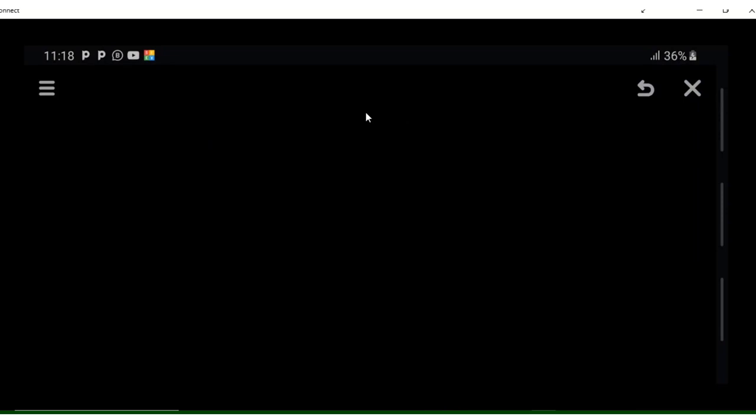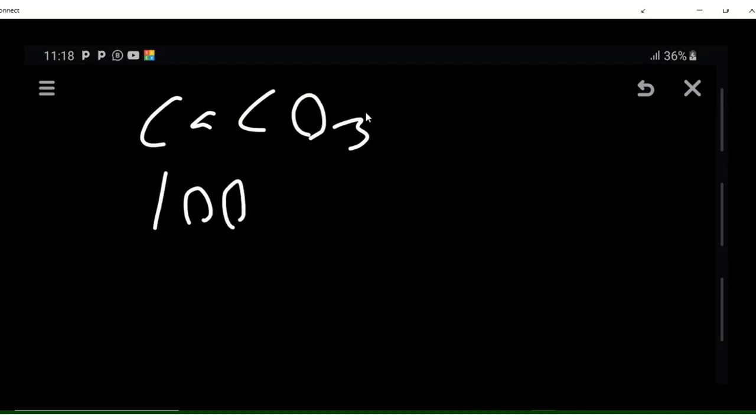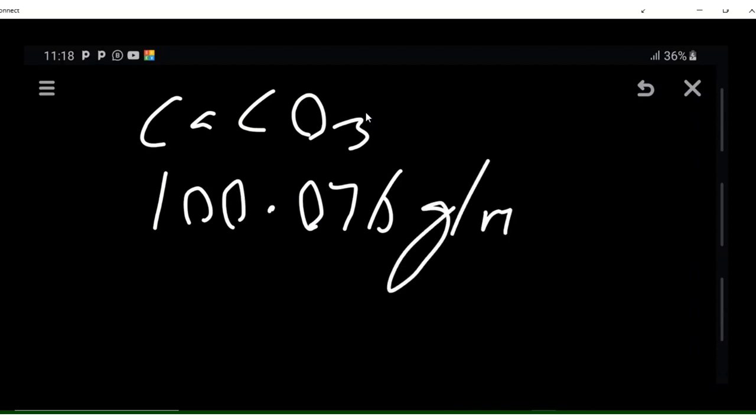In this case we are calculating for calcium carbonate, whose molar mass was 100.086 grams per mole.